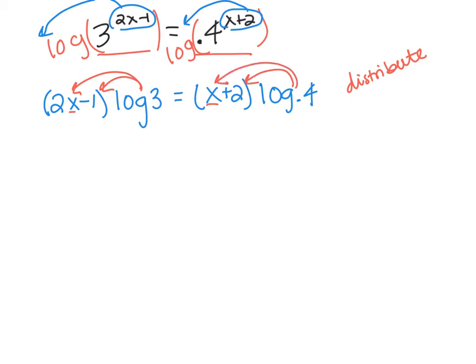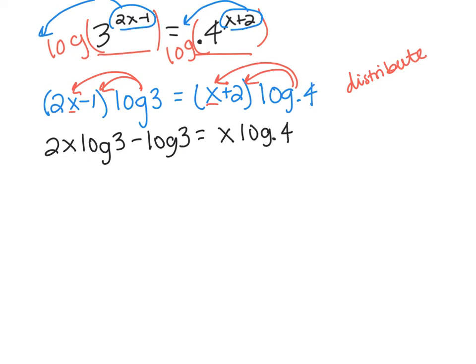Some crazy decimal, but if we keep it in log form, it keeps everything exact, which is what we want. So when we distribute that in, we have 2x times log of 3 minus log of 3. We have x times log of 0.4 plus 2 log of 0.4.